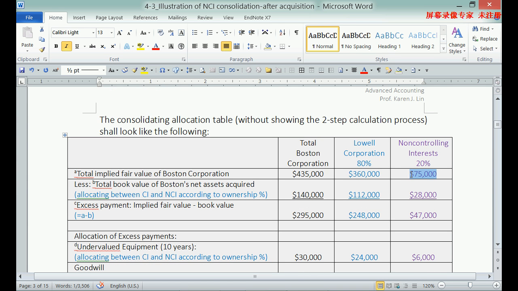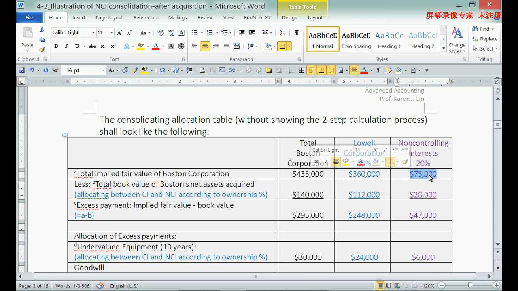It would be $75,000 for their fair value of the payment, sort of. Compared to our previous chapters, this is the same as the consideration transferred in our previous chapters, but we now call it total implied fair value. So we add these two things up, we know the Boston Corporation's total fair value is $435,000.